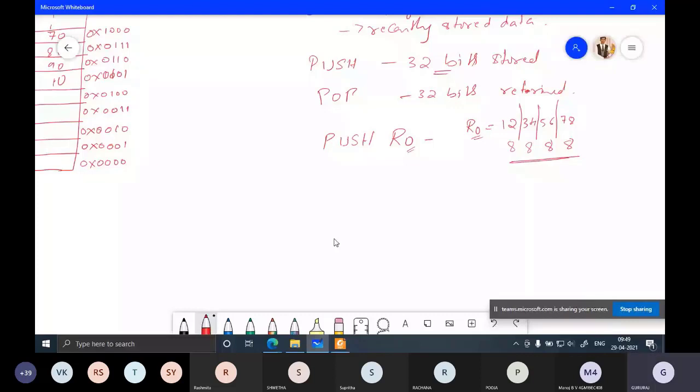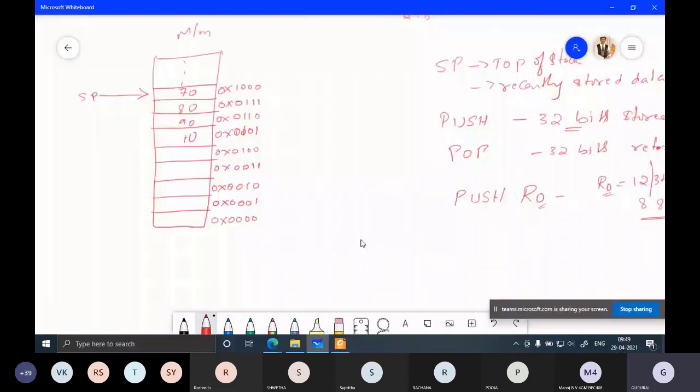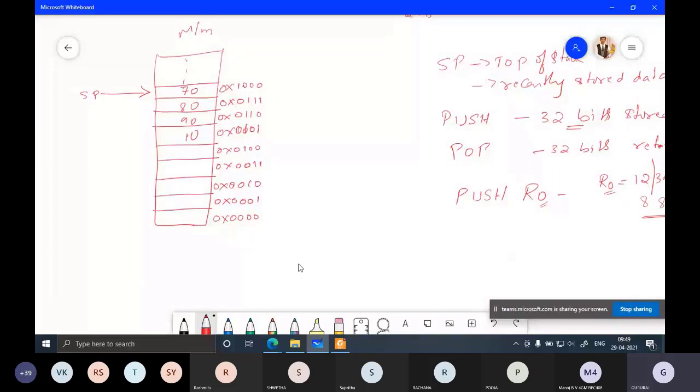So what will happen now? If you directly store this data of R0 without decrementing the stack pointer, the previously stored contents will be overwritten. Why? Because as I told, SP will always point to the recently stored data on the stack. So if you directly store the data there, the previous contents will be overwritten.